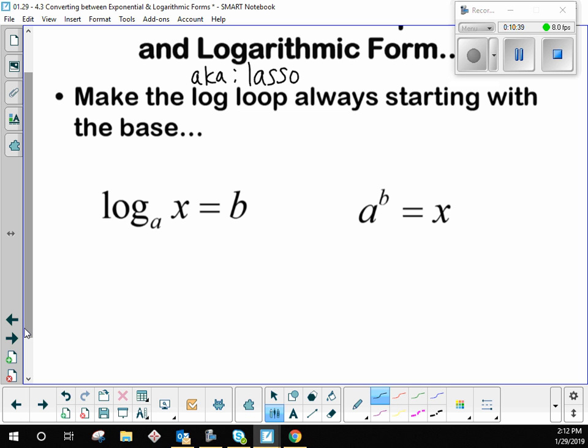The first thing you want to do is always begin with the base. So write this down and then I'll show you what it means. You're going to begin wherever the base is, and you're going to loop around to the opposite side of the equation.